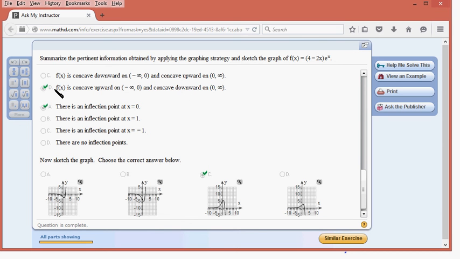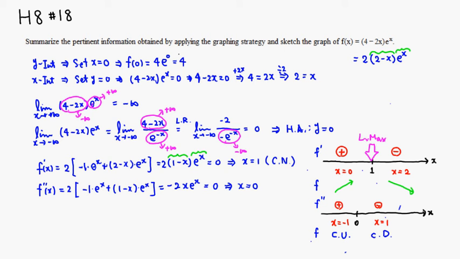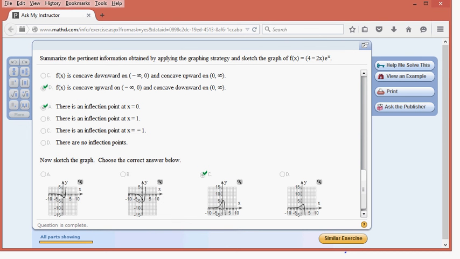So D is the right answer? Then do we have an inflection point? You can see that the concavity is changes at x equals 0, so we have an inflection point at 0.